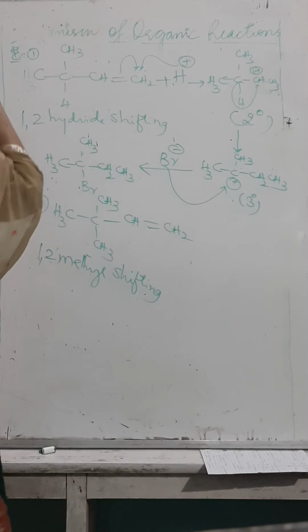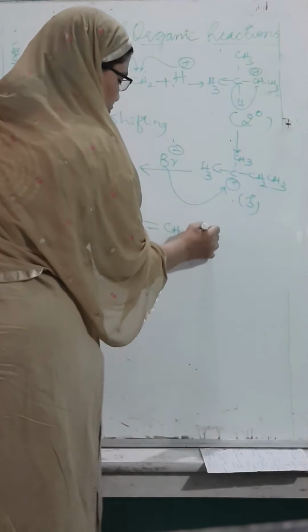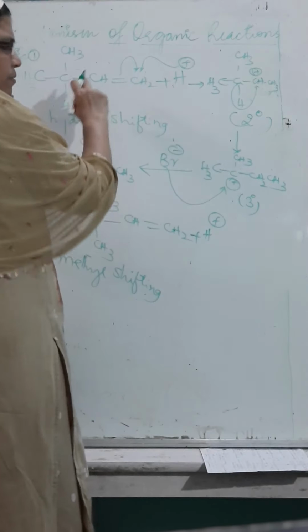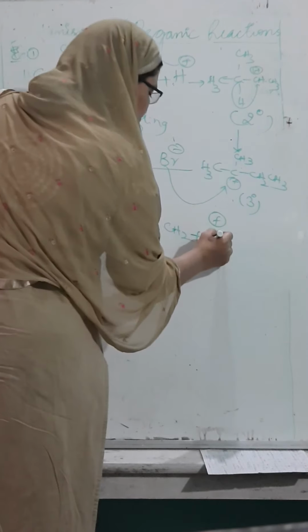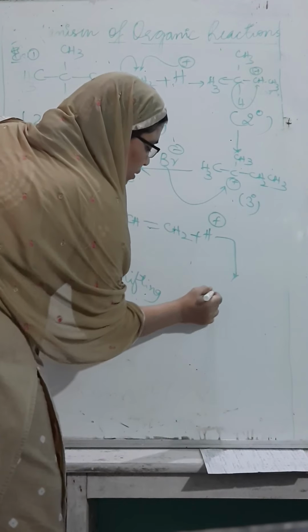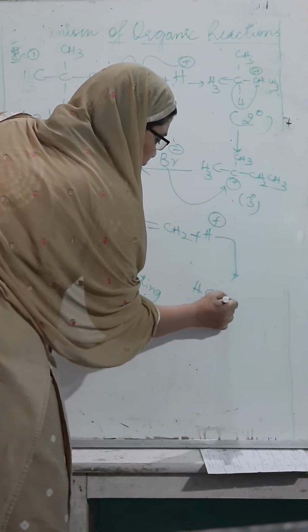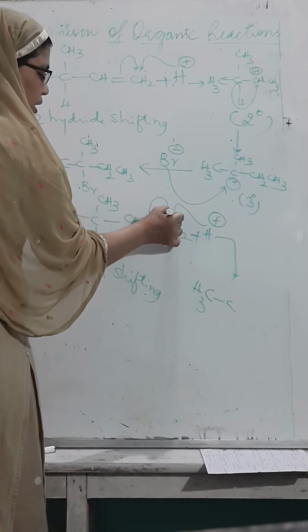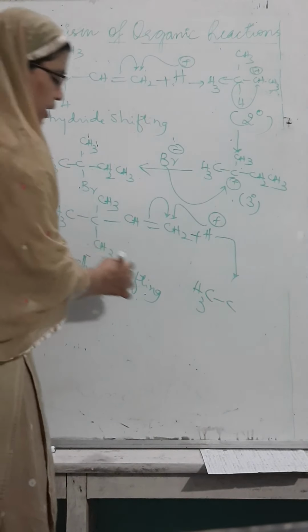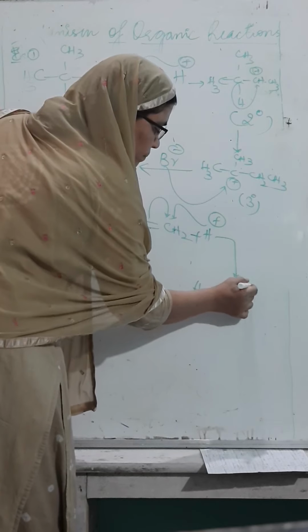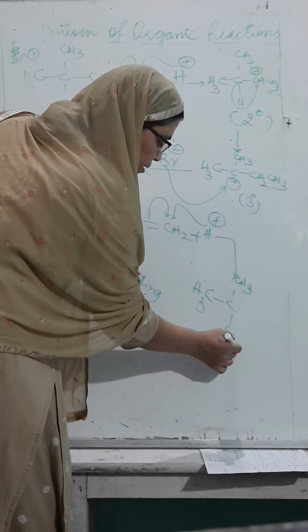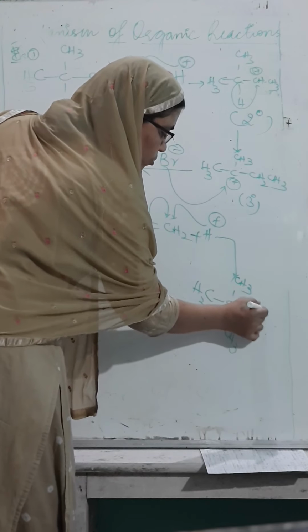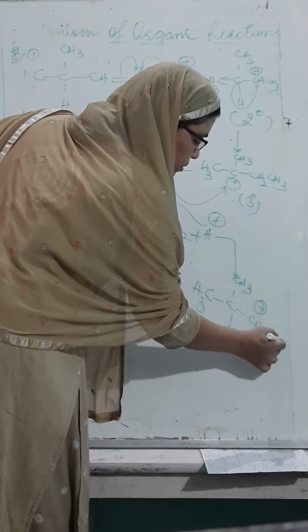So what happened here? By the attack of H plus, as I wrote for the earlier example, we can write the same thing here: CH3, movement of the pi electron, attack of the electrophile on the same carbon atom. Then CH plus, CH3.